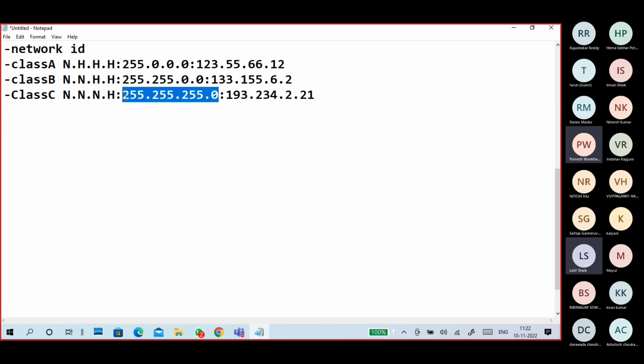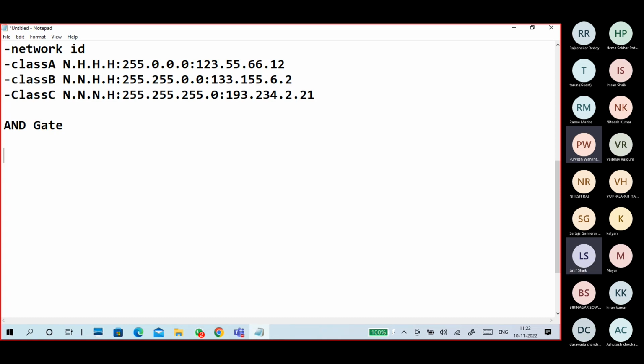So for this subnet mask, remember, using an AND gate operation between the IP address and the subnet mask, we can get the network ID. How are we getting it?